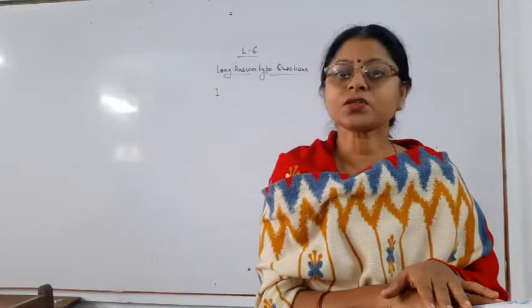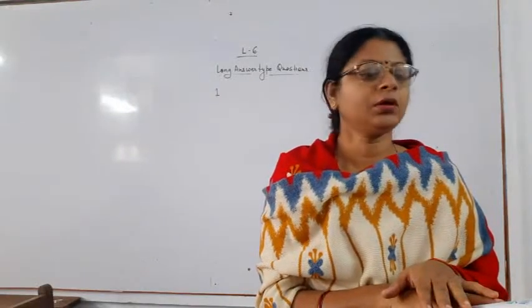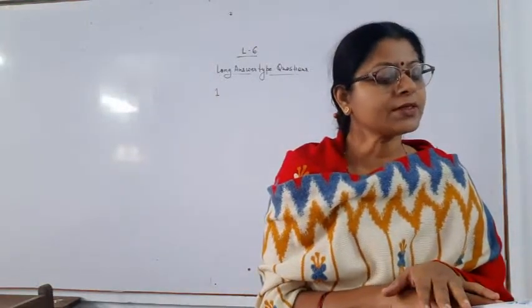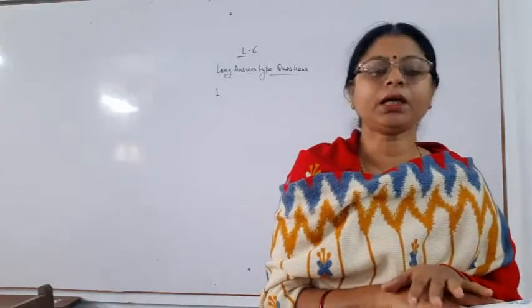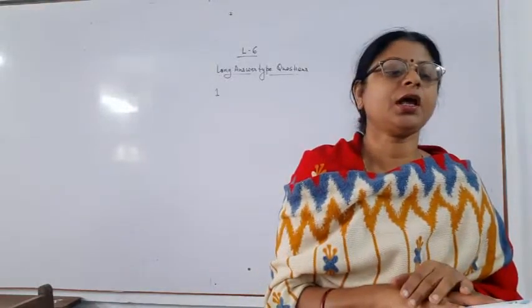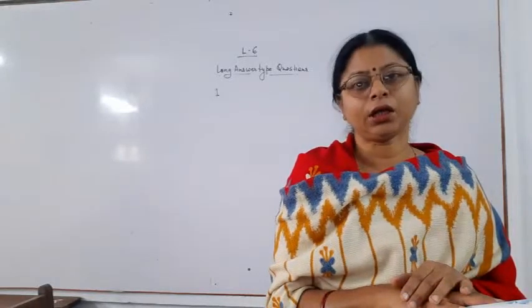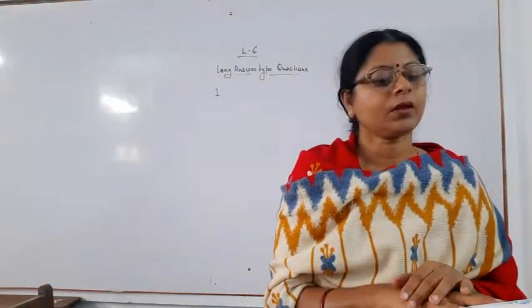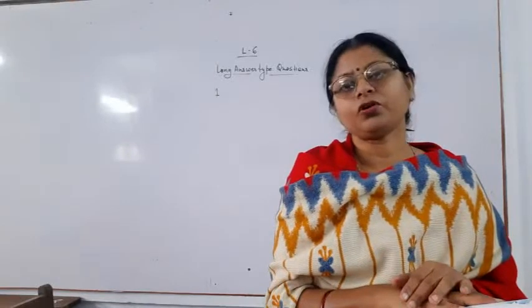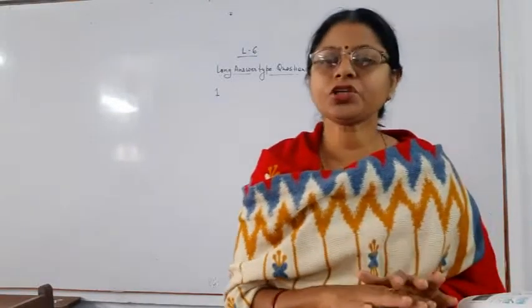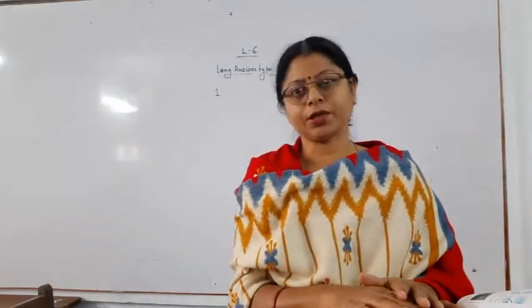The first question given to you is: explain double decomposition reaction and its types with balanced chemical equations. So first of all, you have to write down the definition of double decomposition reaction.